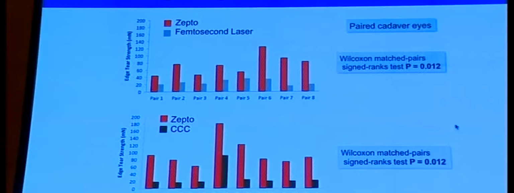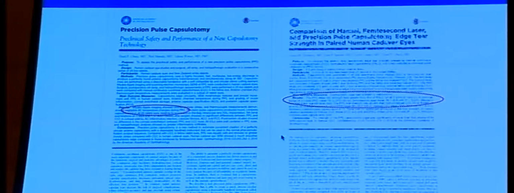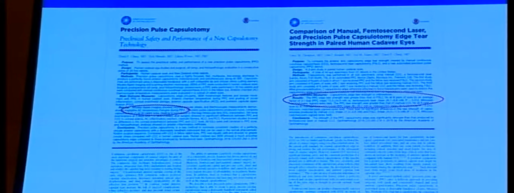And this was the comparison between Zepto and femtosecond laser. Somehow Zepto fared better compared to femtosecond laser, almost twice the strength. Even Zepto with the CCC shows a marked difference in capsule edge strength, and these are the literature supporting the same fact.